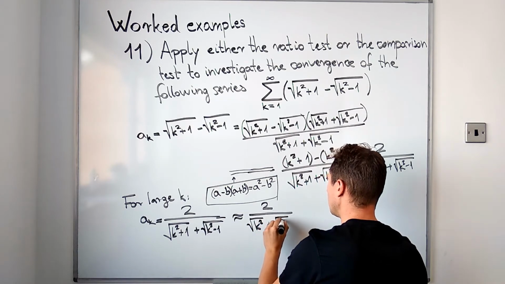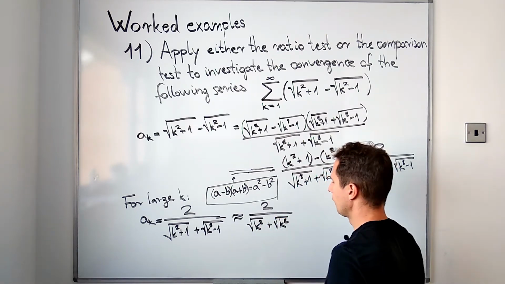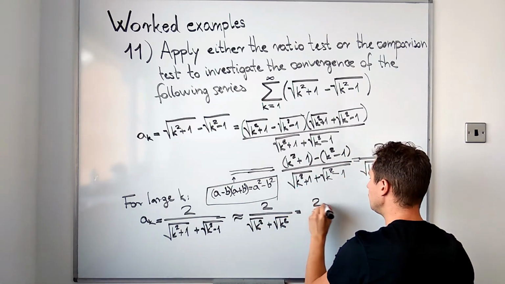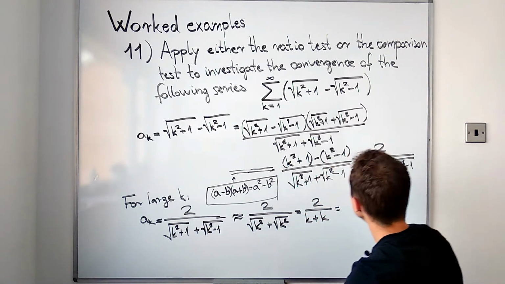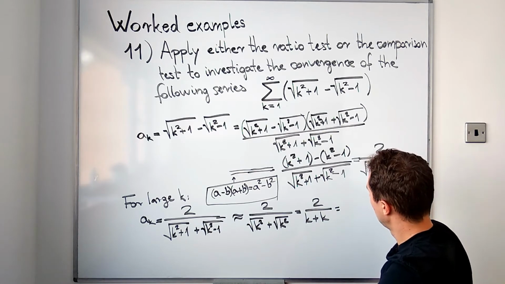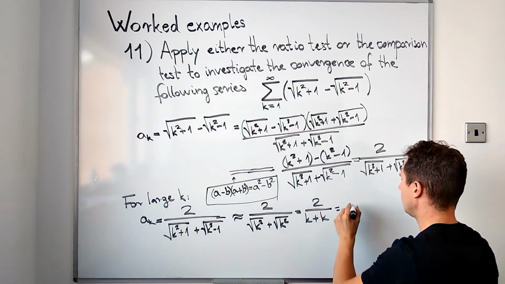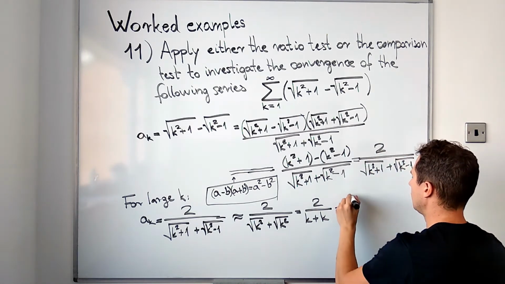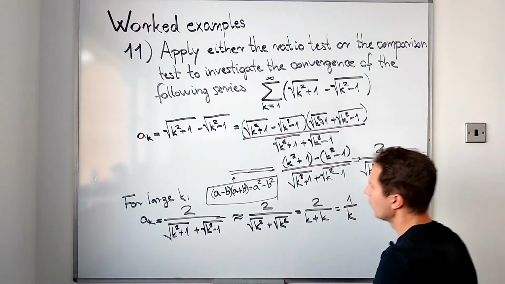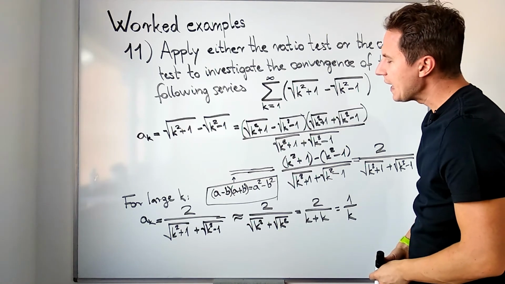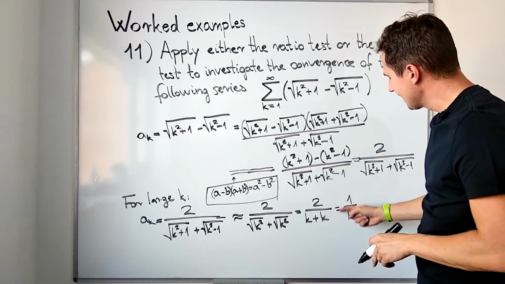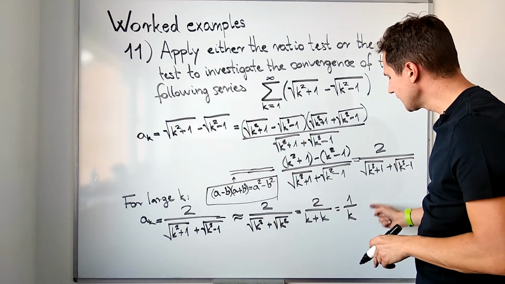But that, of course, is 2 over 2k, which is 1 over k. So we expect the general term to behave for large indices like the terms in the harmonic series.